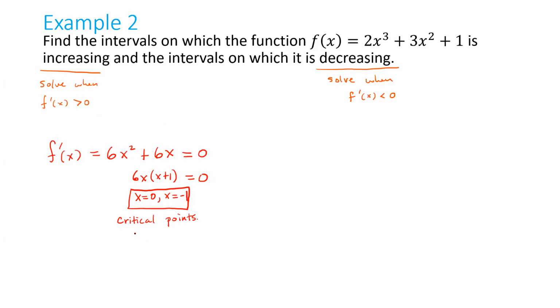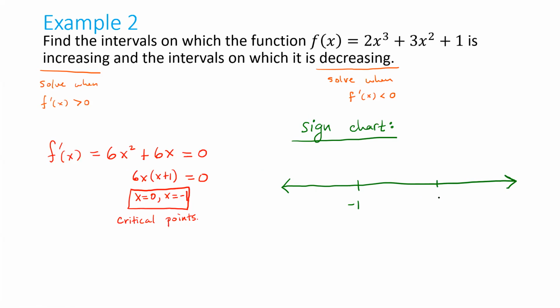whatever they are, and then I create a number line, or what we're going to call a sign chart, which is just a number line that has the critical points on it. So basically any points where you get 0 in the numerator or denominator of my f prime. So in this case, -1 and 0. And then we test on this number line, when is f prime positive and when is f prime negative.